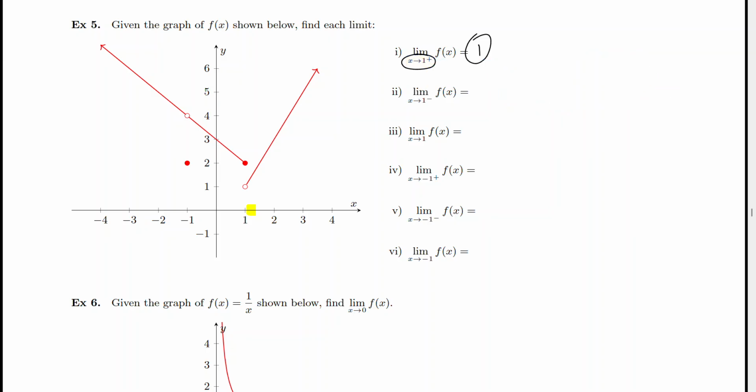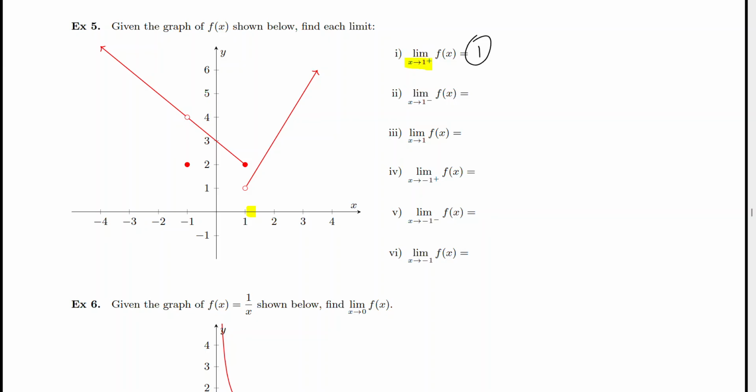Let's take a look at the rest of them. So for the next one, it's asking us for the limit as x approaches 1 minus. So what are these numbers? The 1 minus are numbers like 0.9999, for example, or 0.9897215, and so on and so forth. So these numbers are not equal to 1.